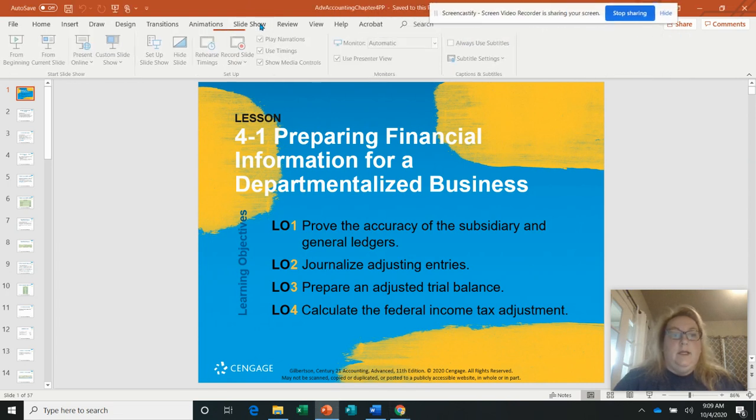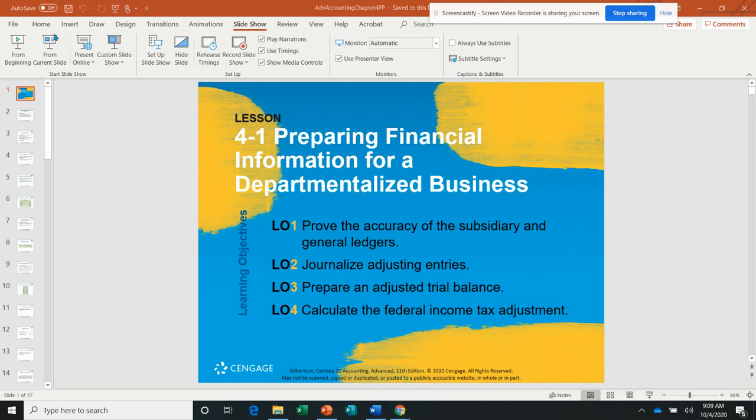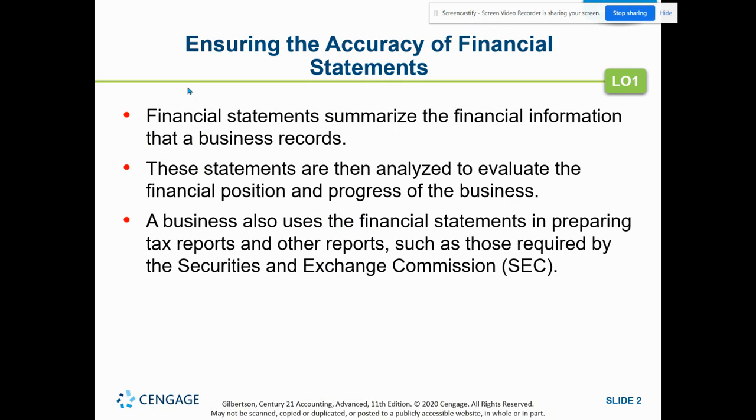I'm going to go ahead and zip me off here and we can go through this slideshow. The first thing that we have to do is make sure everything is accurate.